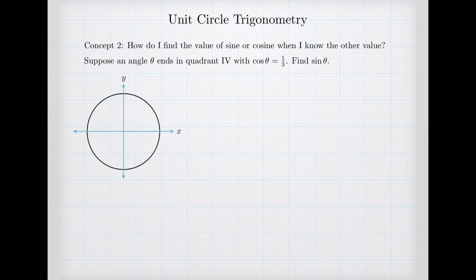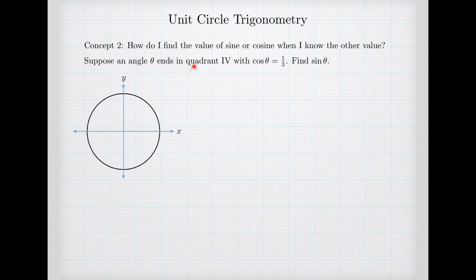The second major concept that we need to be able to do is start with a unit circle and some information to find the value of sine or cosine. So if I know one of the values, either the sine or the cosine, I need to sometimes find the other value. And the way that I do that is I take advantage of knowing which quadrant I'm in. Here's an example.